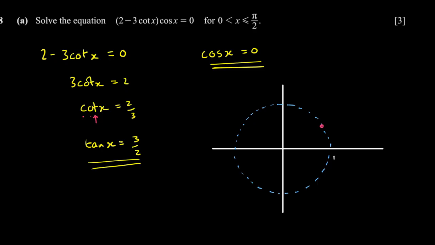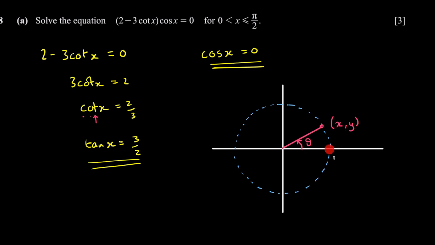And the point there has got an x-coordinate and a y-coordinate. And that point makes an angle of theta with the positive x-axis, right? So this angle there, that's theta. And basically what happens is if I take that point and drag it all the way around the circle, then as the angle of theta changes, the x and the y coordinates also change.